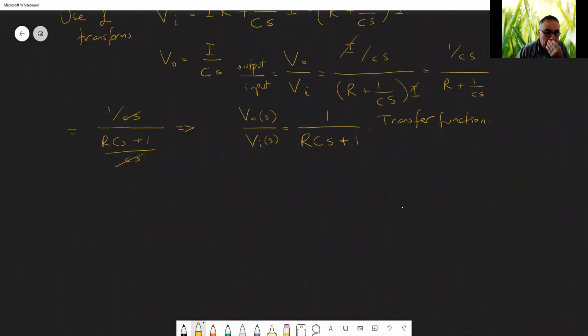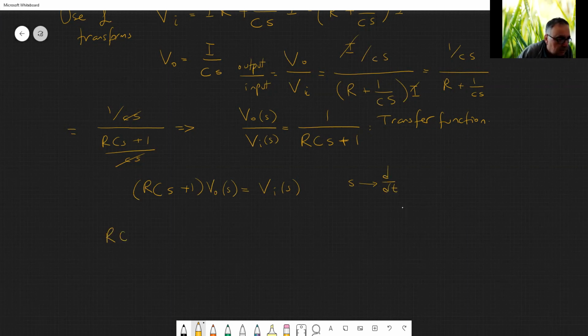If you want to obtain the differential equation, it reads like the following: (RCS plus 1) times VO of S is equal to VI of S. And since you remember that S represents d by dt, the time equation would be RC dVO/dt plus VO is equal to VI of t.